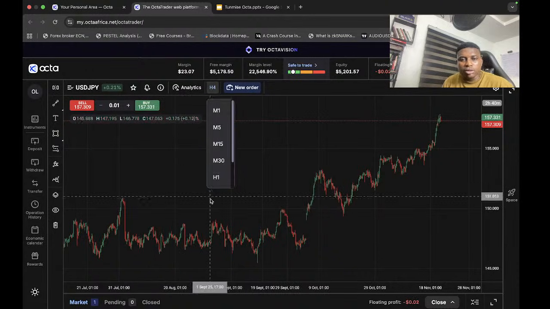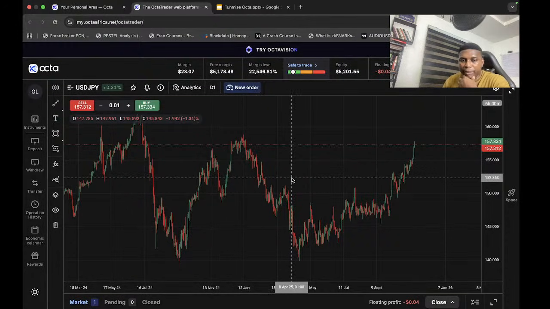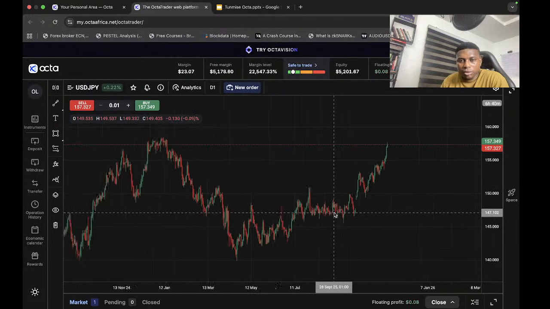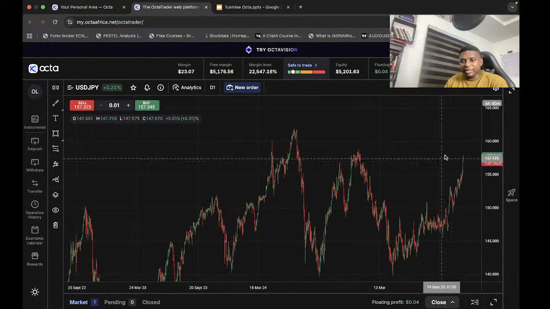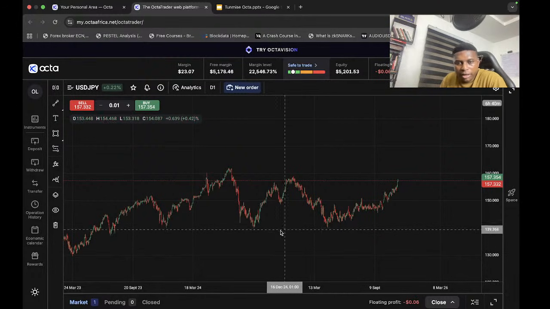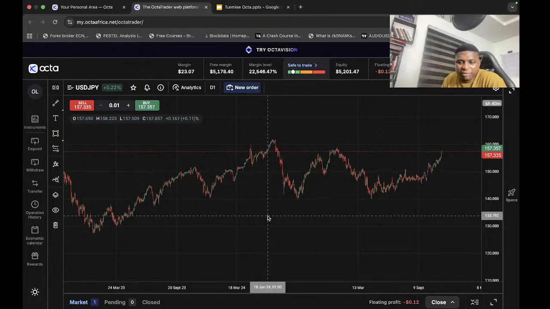Now let's go to the daily time frame on the USD JPY market. Now this is the USD JPY market, and we can see that this market is, you know, not absolutely, but you can see it's more like in a progressive movement, so gradually progressing upward.